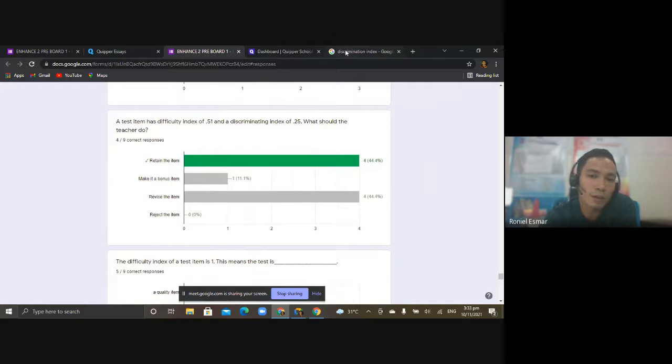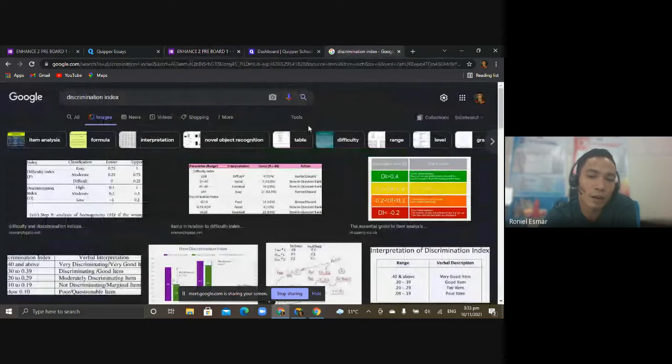What are the conditions that we have to use para i-revise ang item? If it's too easy again or if it's too difficult.